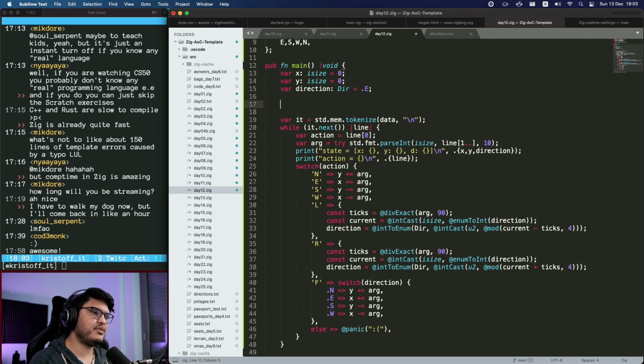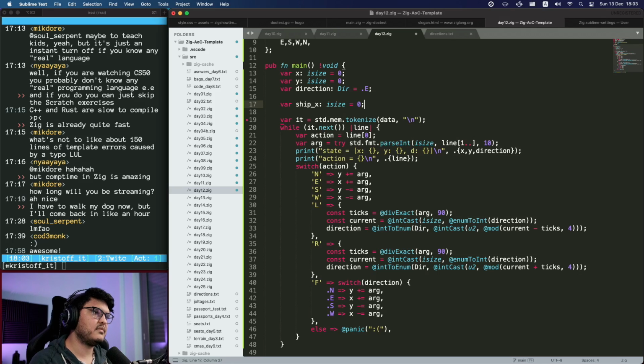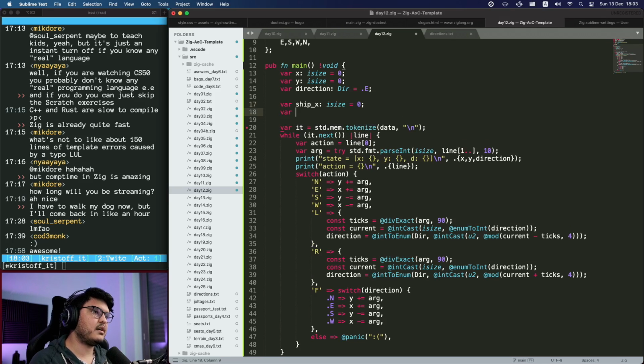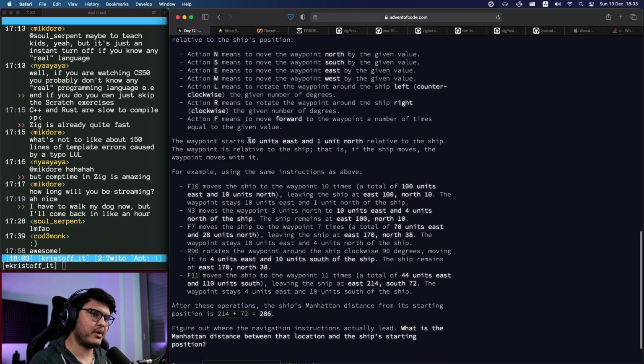So let's do this. Var ship X is size 0. Var ship Y is starting at 0. We know that X is what's the starting state of the waypoint? 10 units east, 1 unit north.